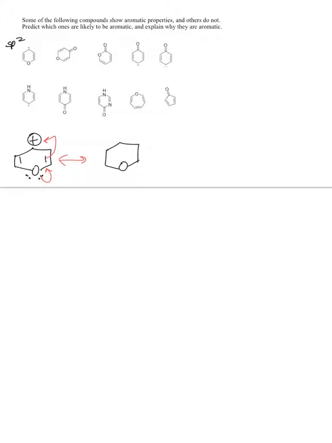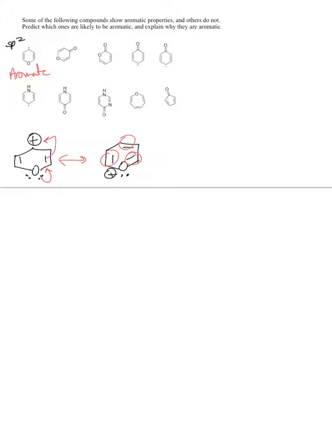And then we redraw, and as you can see, now the plus charge is on oxygen, and the cation on the carbon, like I said, indicates an empty p orbital. So the 2 pi bonds plus a pair of electrons make a 6 pi electron system. So this would be aromatic.